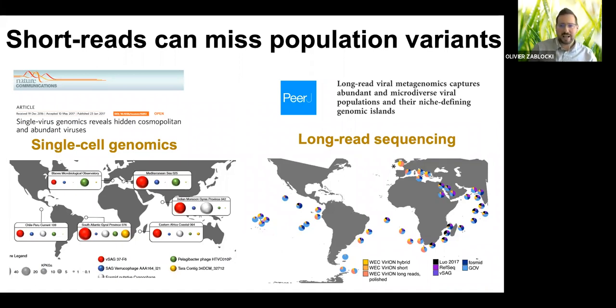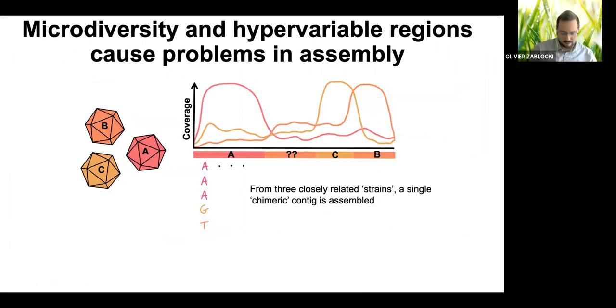And so you might ask, what is causing the short reads to miss this? Well, it's actually related to one of the 3 scenarios that I covered earlier, where the short read assemblers struggle to choose which path to take if confronted with multiple options, whether these are repeats, or here, microdiversity.